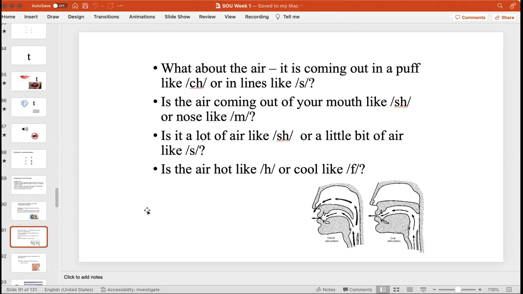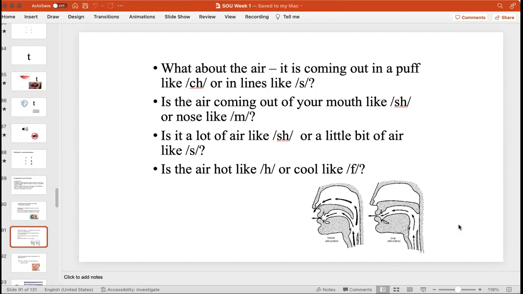Another set of questions we want to ask them is about the airflow and how that's been restricted by the different parts of your mouth. And this is really a good graphic of showing how airflow can be restricted. You can have air coming up from the lungs and have it come through the nose, or you can have it coming through the mouth and the lips restrict it, or the tongue restricts it, the front of the tongue or the back of the tongue.